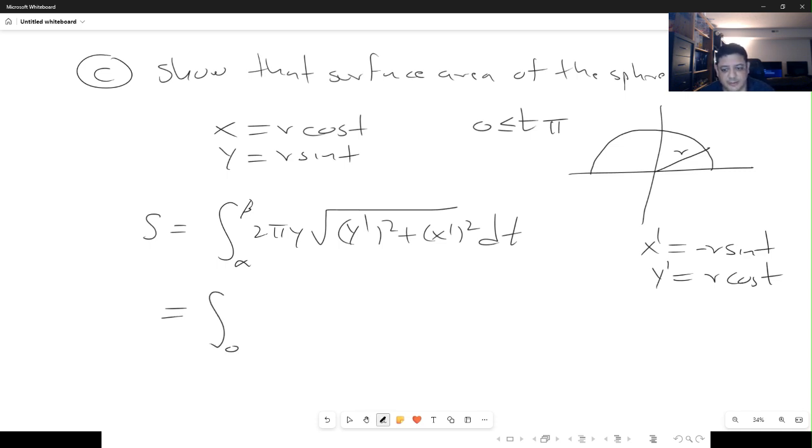Alpha and beta are going to be 0 and pi, and this is going to be 2 pi, and then we're putting y, r sine of t, here. We're replacing this value here, r sine of t, and then for the square root we plug in the derivatives.